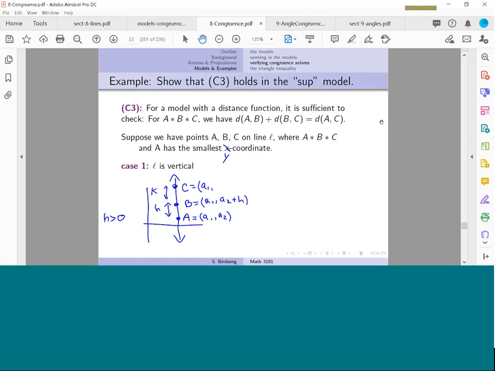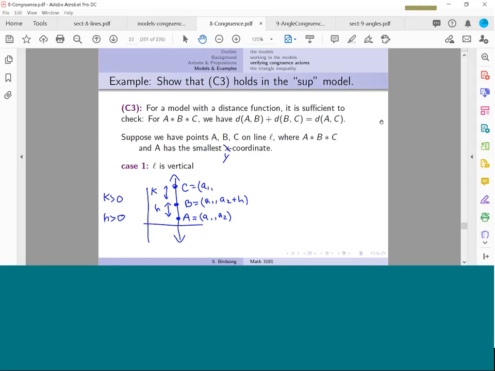Now, we still need k here, and h and k are the standards. We still need k to not be 0. Why? Because if k equals 0, point B and point C are the same point. And since we already said, let's let A have the smallest y value, the k and the h both have to be positive to go up.